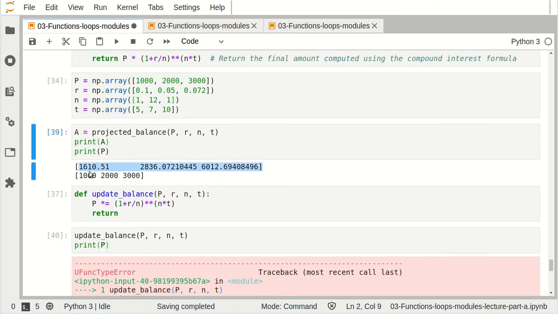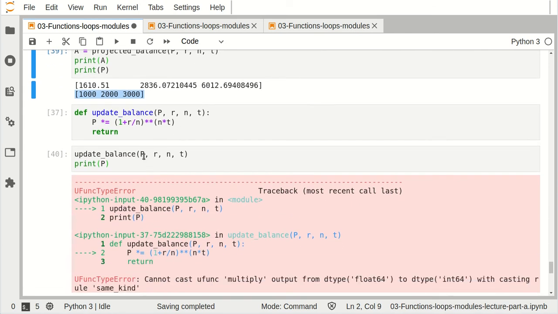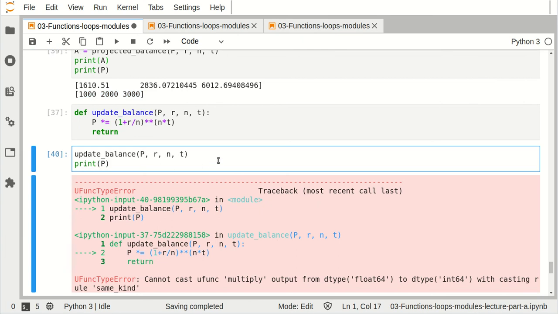This is clearly a float, and you're trying to overwrite that inside of something that has a data type int. So the way to take care of this is one of two ways. You can either say as type float when you call P, when you're passing it to update balance. You can always just make sure that you're passing it as a type float.